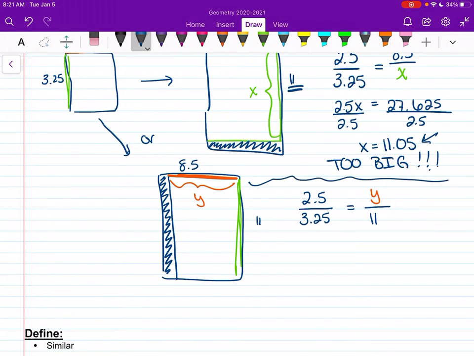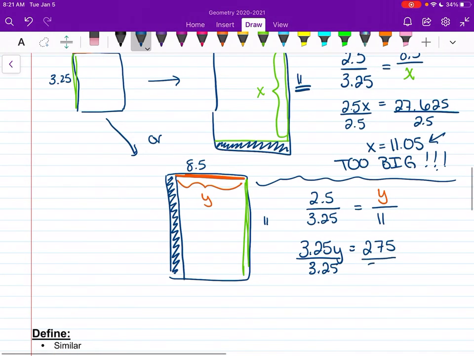So the next option, I'm going to get 3.25y equals 2.5 times 11 is going to be 275. Divide both sides by 3.25. And I'm going to get 275 divided by 3.25.